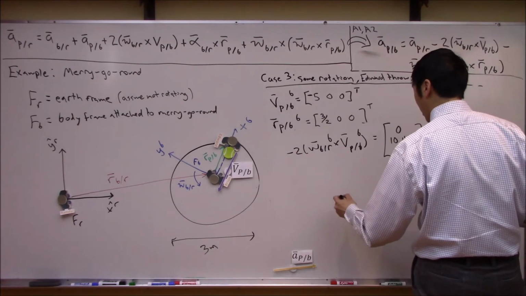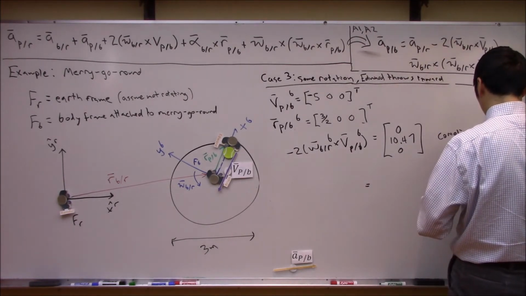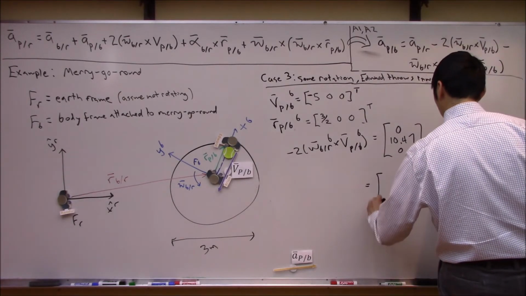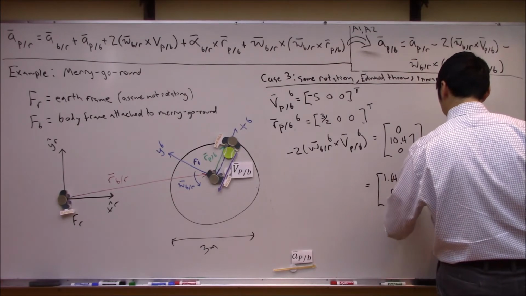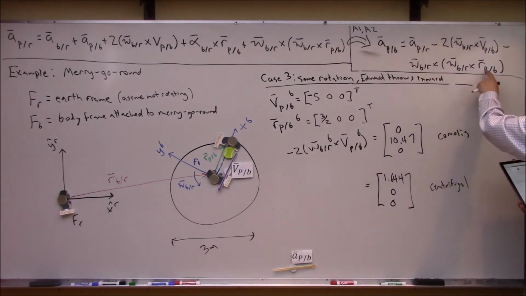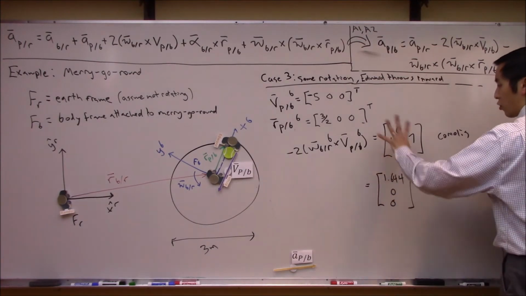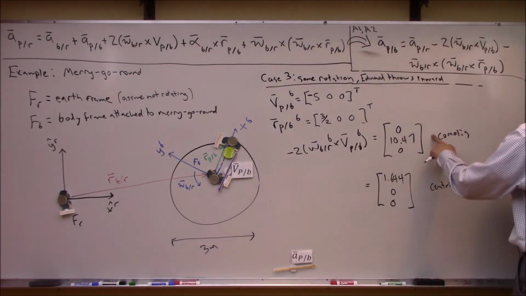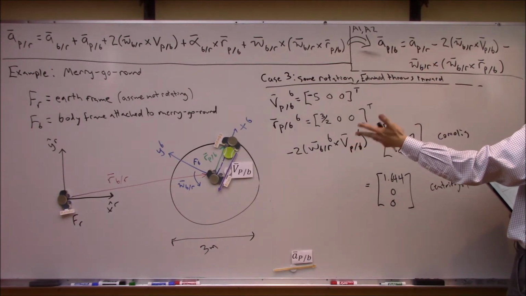So I think that's, what do we have last time here? Yeah, this was 1.644 and then a 0 and a 0. It's going to be the same because nothing here has changed. Radius is the same. The angular velocity vector is the same here. So the total sum of it is going to be Coriolis plus centrifugal and I guess plus gravity here. But since we're talking planar stuff, I can't really draw the gravity thing.